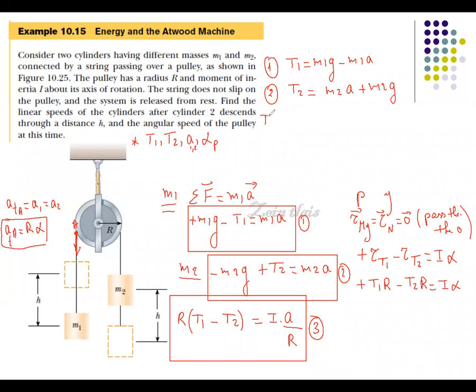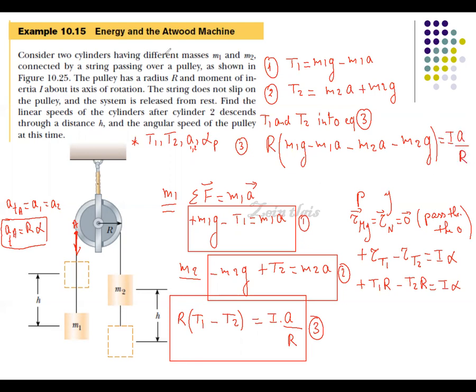We put T1 and T2 into equation 3. Here we get R times T1 equals M1G minus M1A, minus T2 equals M2A minus M2G, equals IA divided by R.